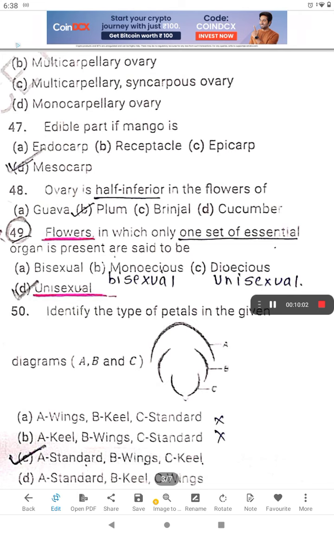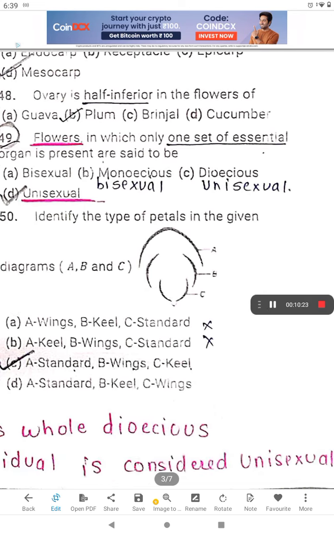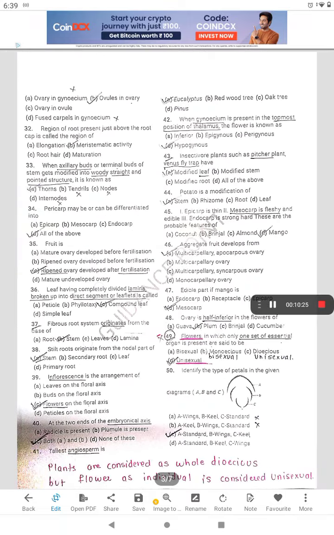They have asked about flowers in which only either androecium or gynoecium is present, and that is present in only a unisexual flower. But if they had asked about the plant, I would have attempted dioecious, and it would definitely be the right answer.